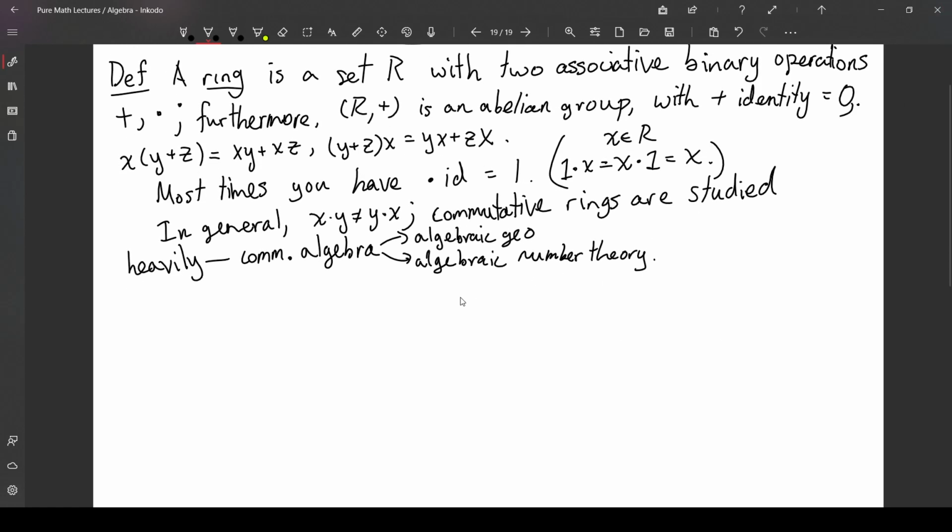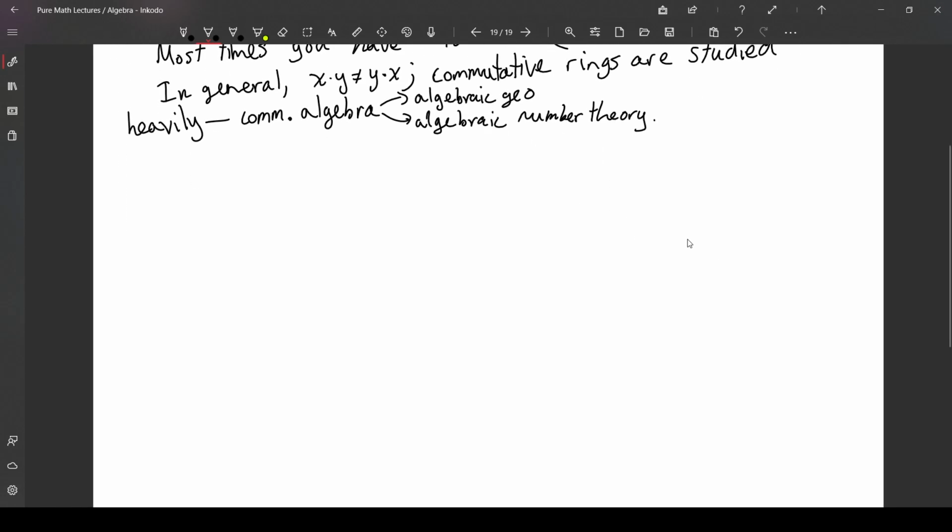And so for a lot of things, it's more convenient to talk about commutative rings, just because you don't have to deal with a lot of casework. There are some definitions we'll see, like for ideals, which I'll talk about in the next video. You have to be careful. You have to define a left ideal and a right ideal, but when the ring is commutative, they're the same thing.